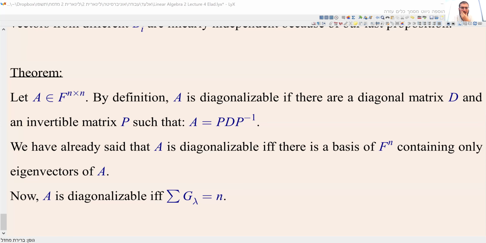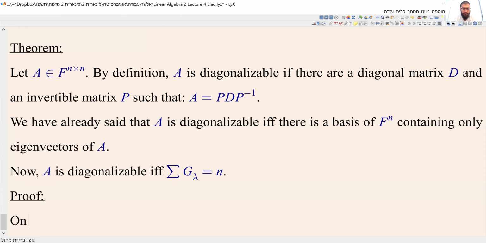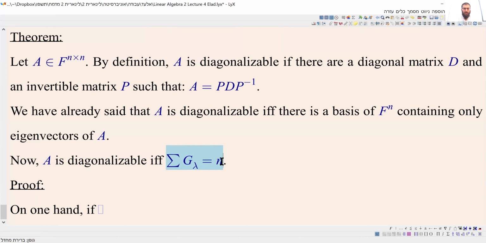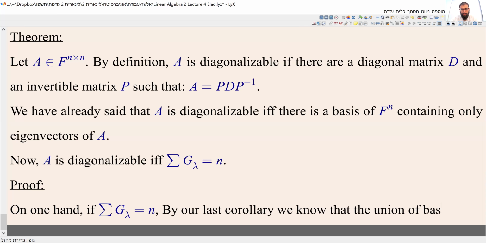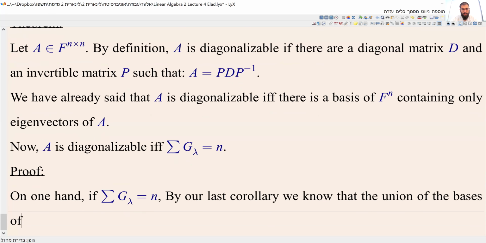So let's explain why it is so. Proof. On one hand, if the sum of the geometric multiplicities is n, by our last corollary, we know that the union of the bases of the eigenspaces is a linearly independent set.